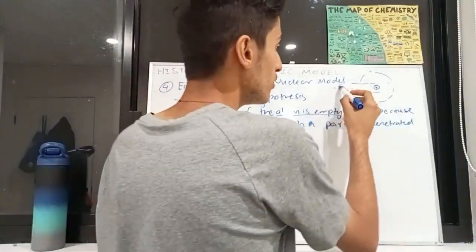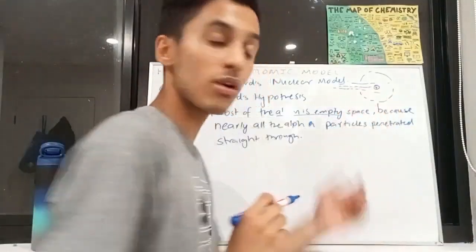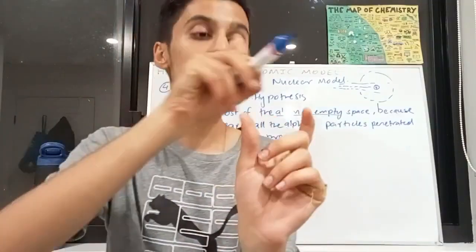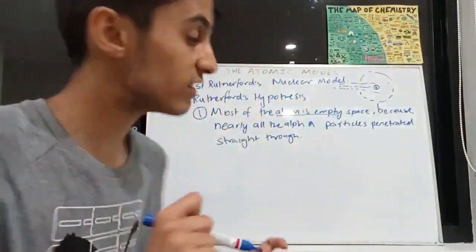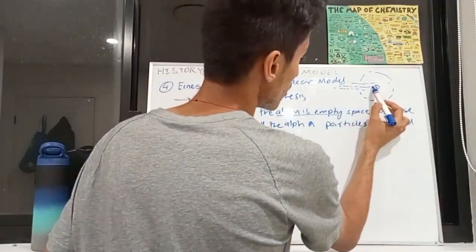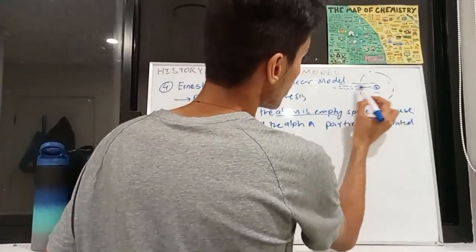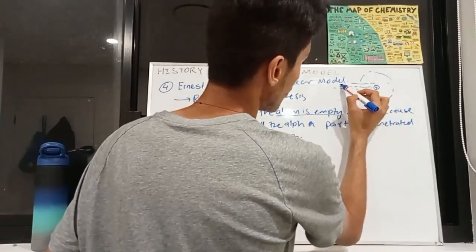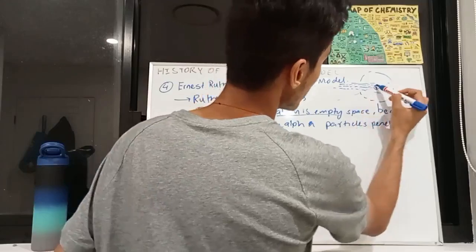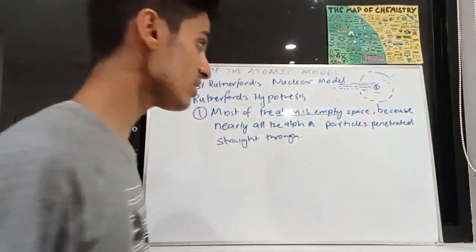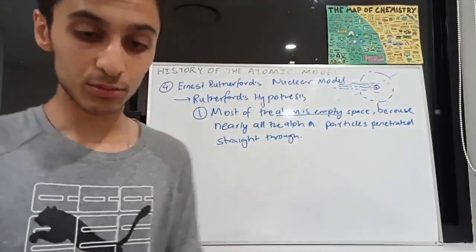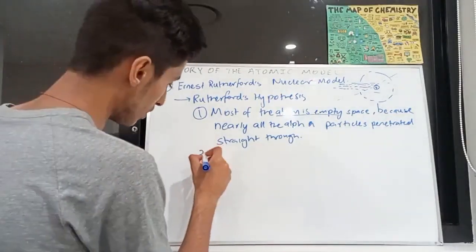But the very few that did hit the nucleus, because both the alpha particles and the nucleus were positively charged, got reflected, or if the alpha particles were to hit it at an angle, they got deflected. And so that's why his second point comes. There's a small dense ball.